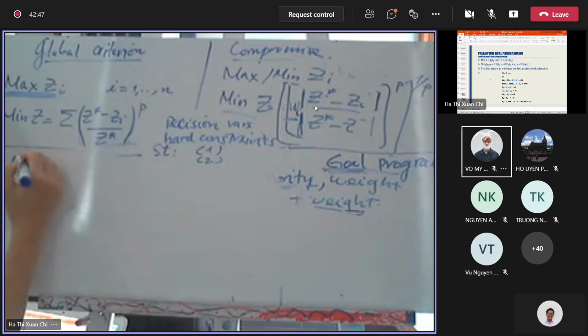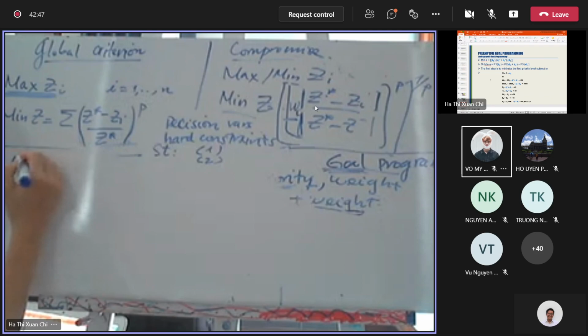The soft constraint also has a form like this: A X, but you add D1 minus, minus D1 plus, equal to C. Here C is a matrix, everyone, that is the number.